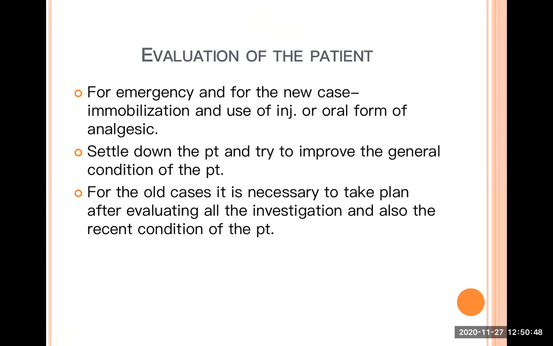That is called hemiarthroplasty or total hip arthroplasty itself. But before taking the decision, we need to see the general condition of the patient also. If the patient has terminal stage COPD, which can be seen in older people, very high blood pressure, severe bronchial asthma, heart disease or heart failure, or uncontrolled diabetes, we cannot take them for those complicated surgeries. So we need to manage in some other way. That is the point.